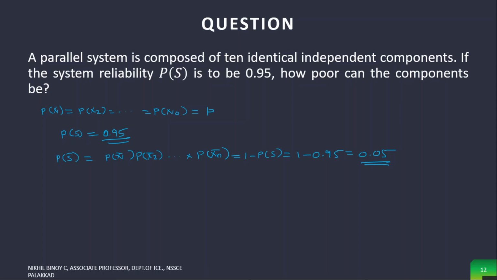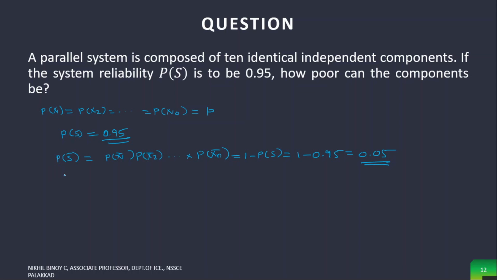Is it okay? So please note, if P of x1, P of x2, etc., P of x10, if all these components are identical, then definitely the probability of failure is also identical.